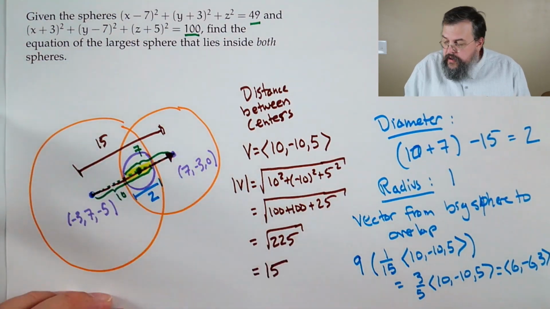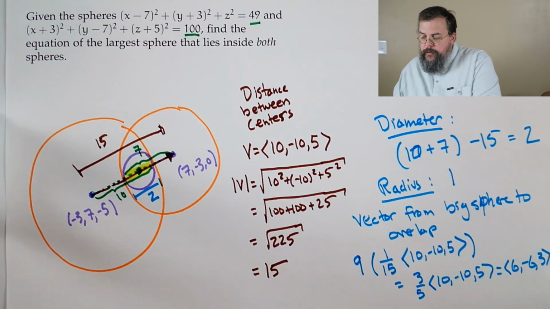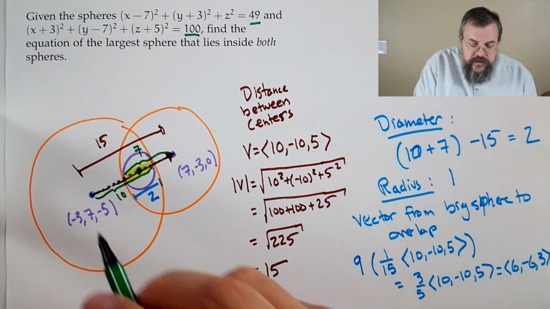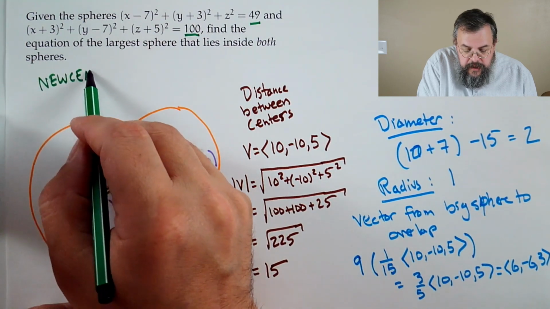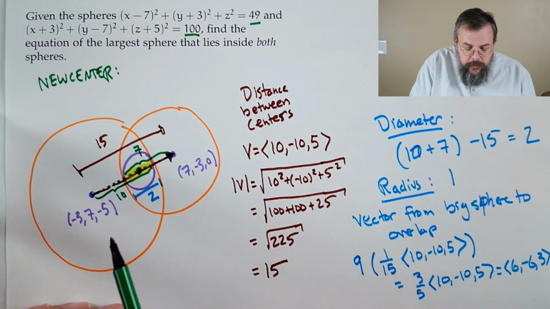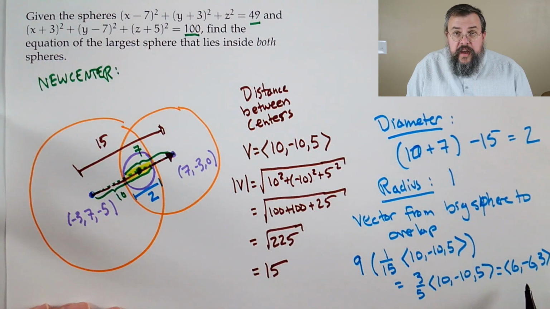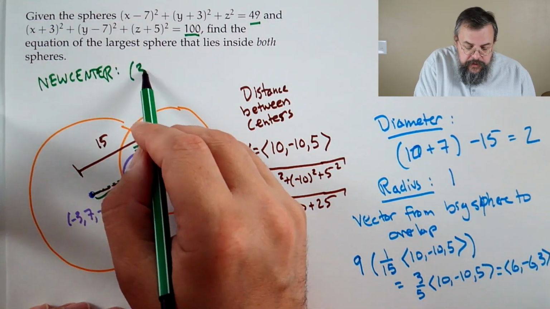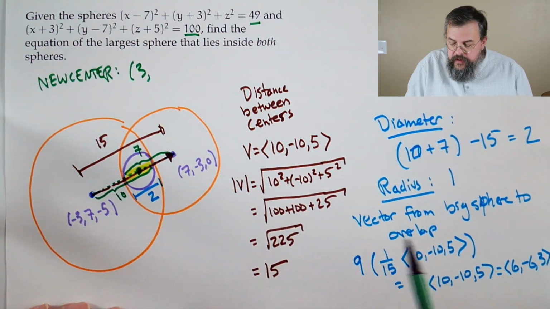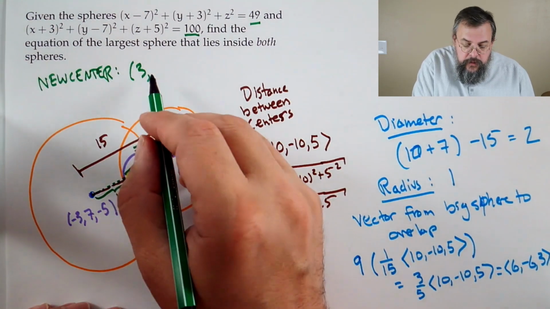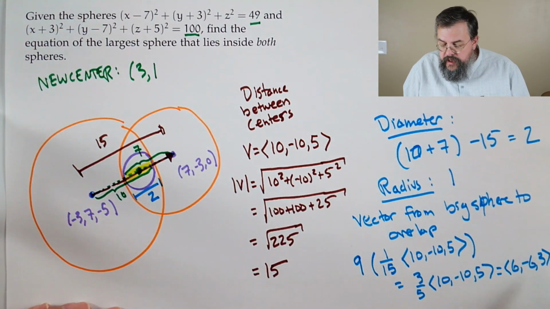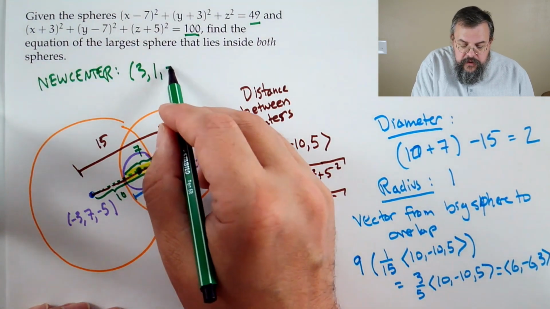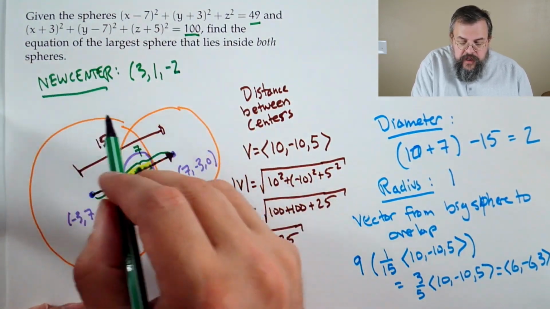So our new center, we're almost there, is going to be, well, negative 3 plus 6 is 3, 7 minus 6 is 1, negative 5 plus 3 is negative 2. So that's our new center.